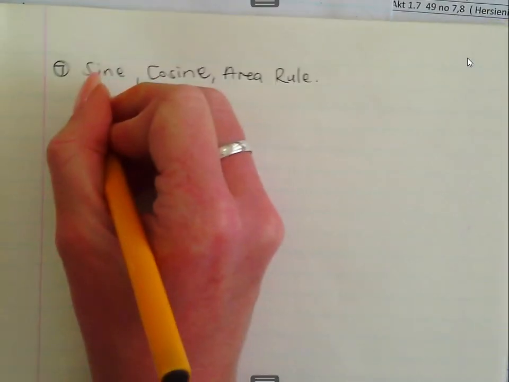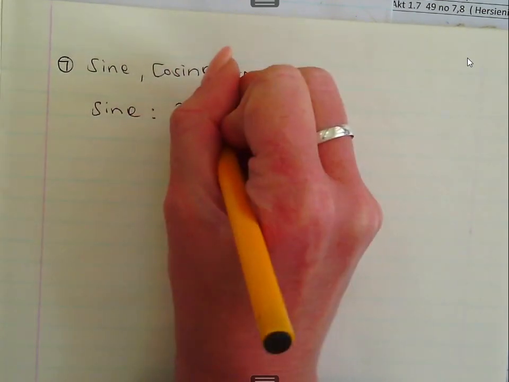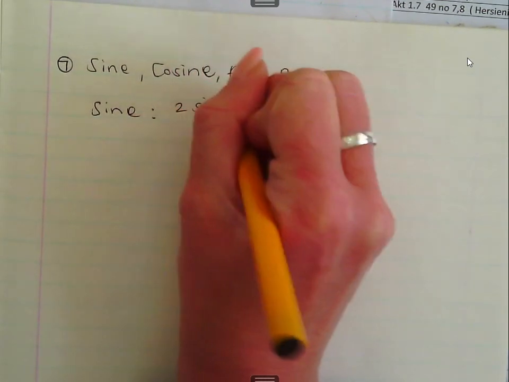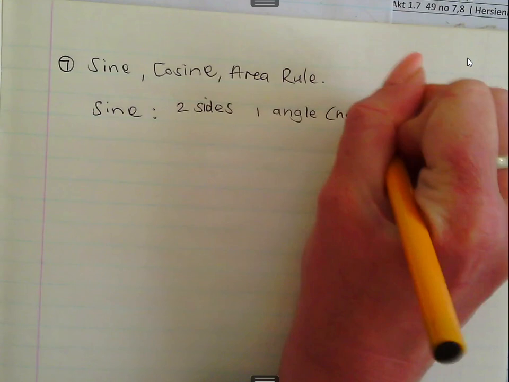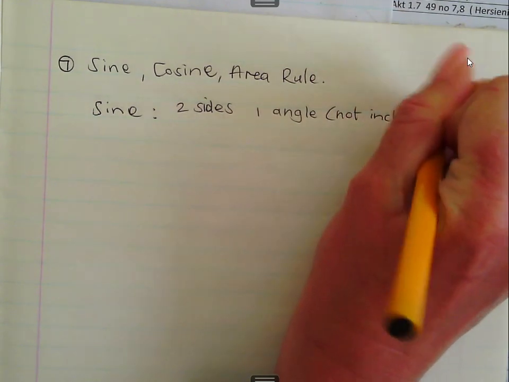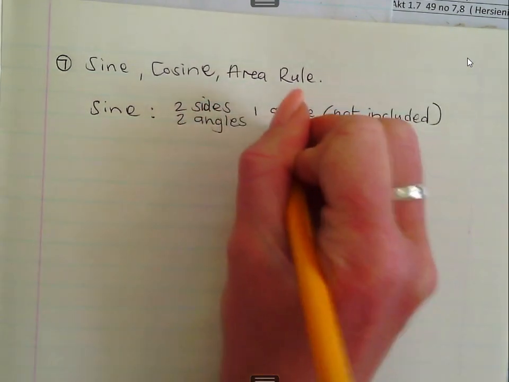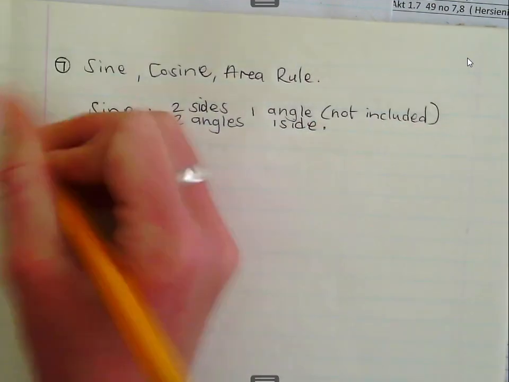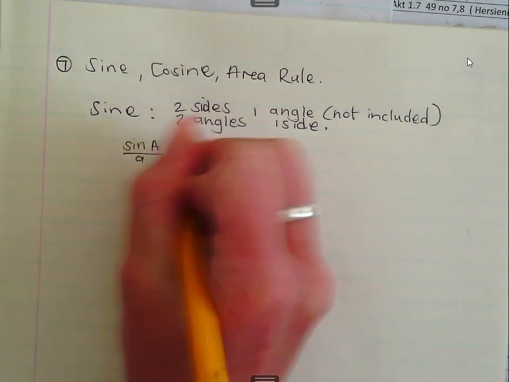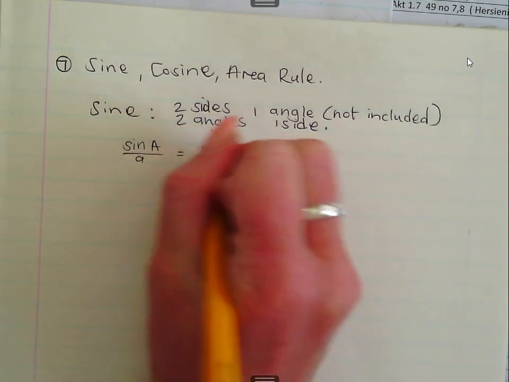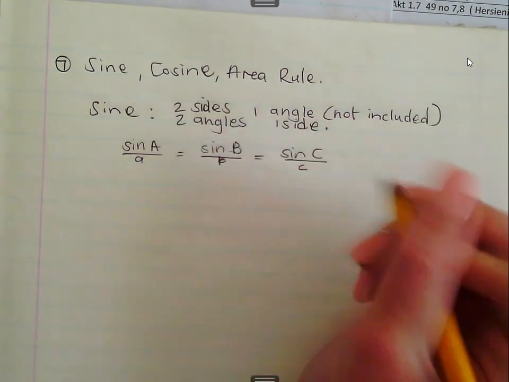Okay, so with sine, you must either have two sides, one angle not included, or two angles, one side. The sine rule is sin A over a equal to sin B over b equal to sin C over c.